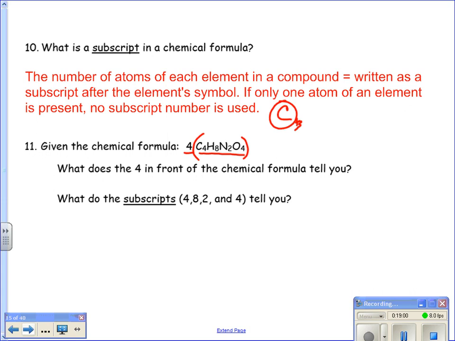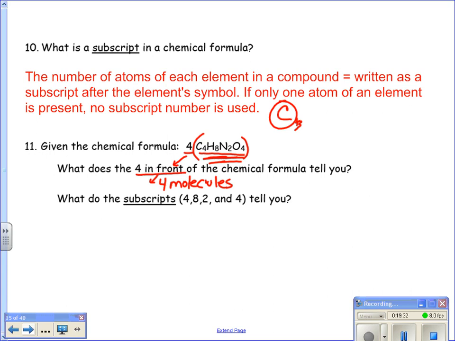So if I isolate that molecule, the 4 in front tells me how many molecules of this I have. So this tells you you have 4 molecules of whatever this is, all right?